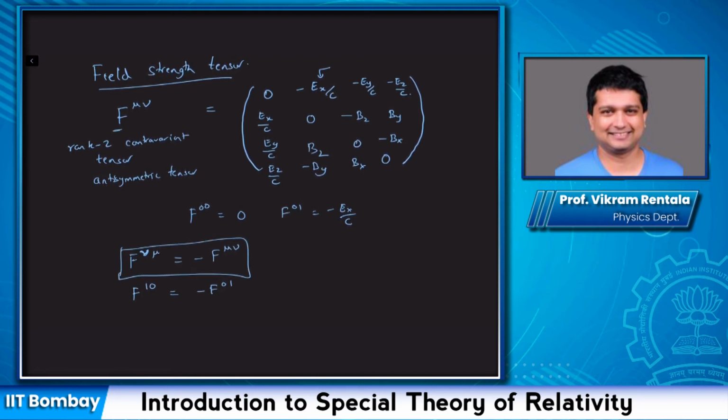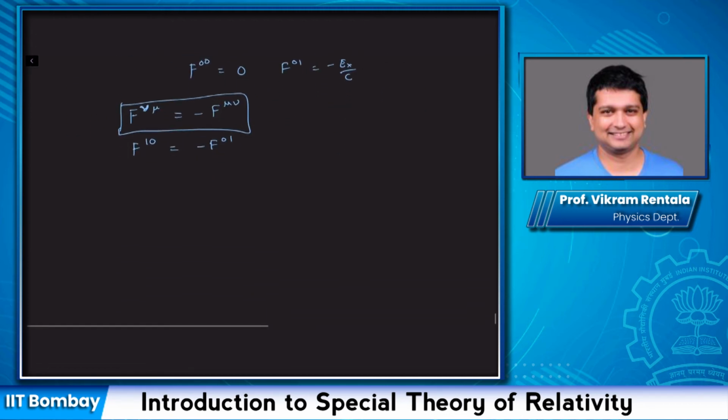Okay, and by writing the electric and magnetic fields in this tensor notation, we are assigning properties to how the electric and magnetic fields transform under Lorentz transformations.